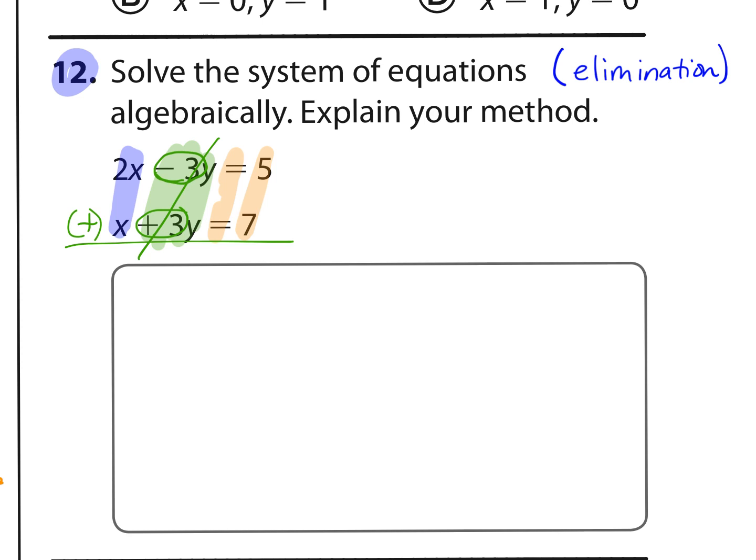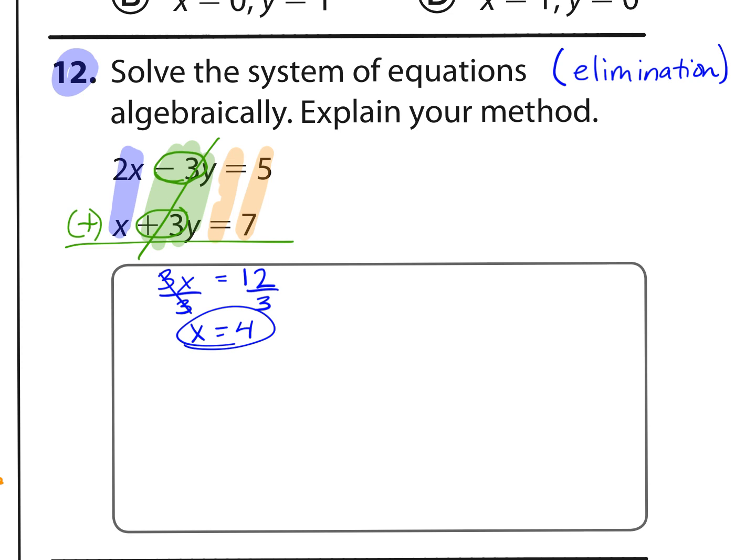So we end up with 2x plus x, which is 3x, equal to 5 plus 7, which is 12. And then divide both sides by 3 to get that x is 4. And so we found x very quickly using elimination, especially in this problem since it was already set up where all you had to do was add them.